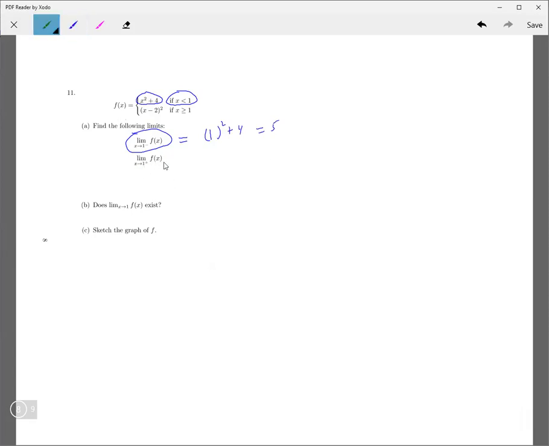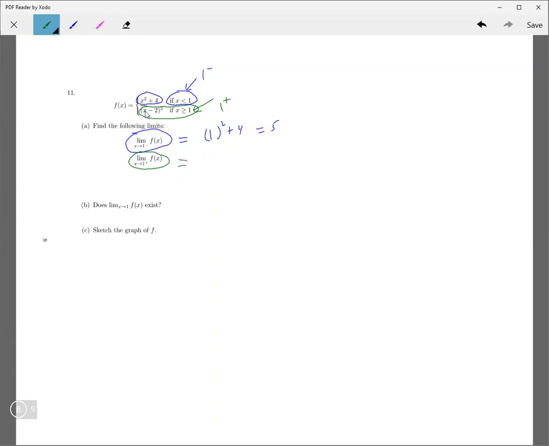Here you're coming from the right, so that means you're going here. This part right here means from the right, and this means from the left.